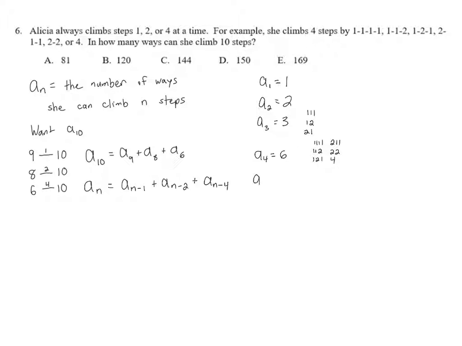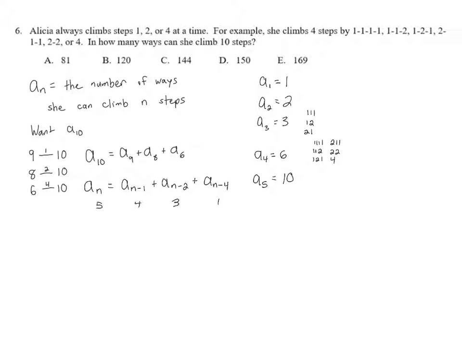Now, if we want a sub 5, this is when we're going to start using the recursion formula. If we look at n equals 5, then n minus 1 is 4, n minus 2 is 3, and n minus 4 is 1. So a sub 5 is a sub 4 plus a sub 3 plus a sub 1, which is 6 plus 3 plus 1, which is 10.